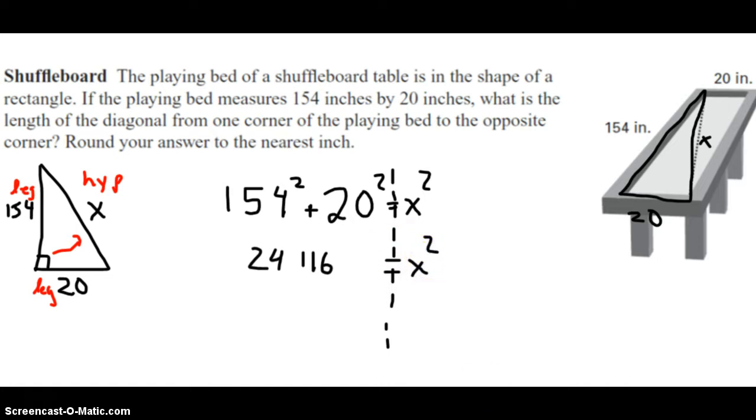And in order to get rid of a square, we need to undo that square by taking a square root. So once we take the square root, we will be left with x on this side, and equals the square root of that number, which is 155.29.